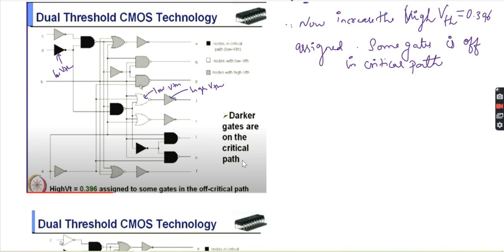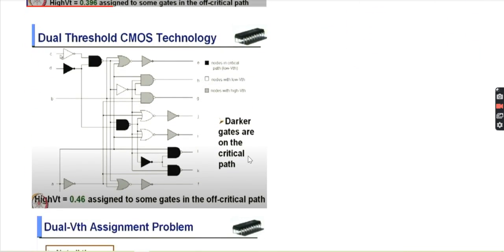So now we can say if you do it this way, high VTH will be assigned to some gates in the off critical path. When you do this, we can reduce the leakage power. You can see this, still the example we are showing here, 0.396.